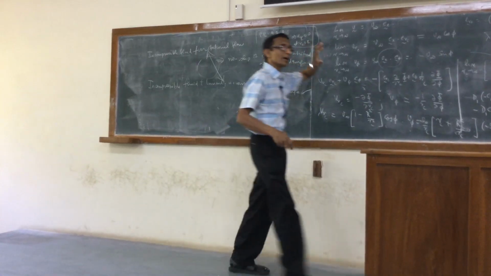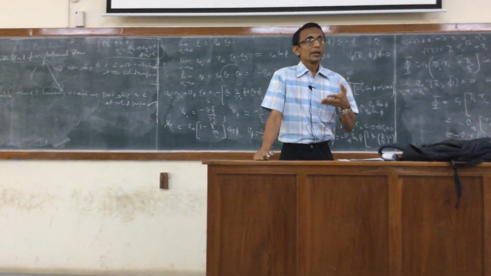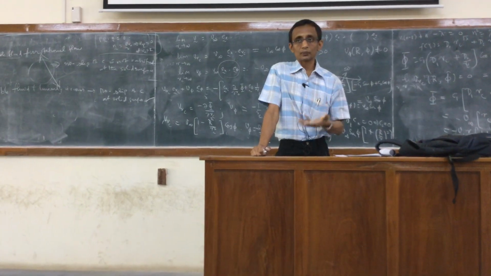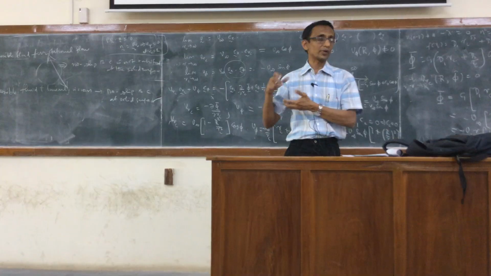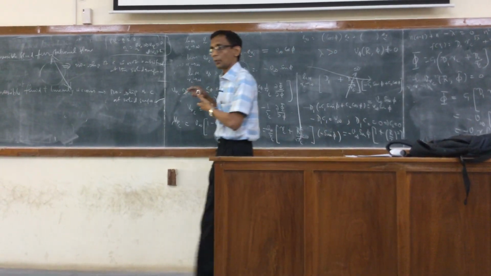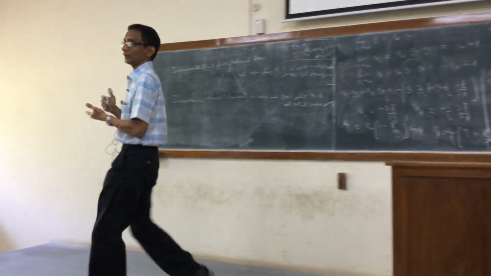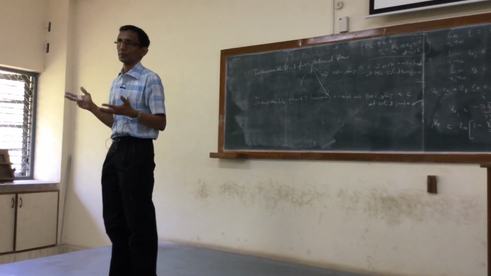This is what led to the development of the boundary layer theory, where you assume that whatever may be the Reynolds number, whenever you have flow past a solid boundary, vorticity has to be there, and irrotational flow cannot be assumed throughout.